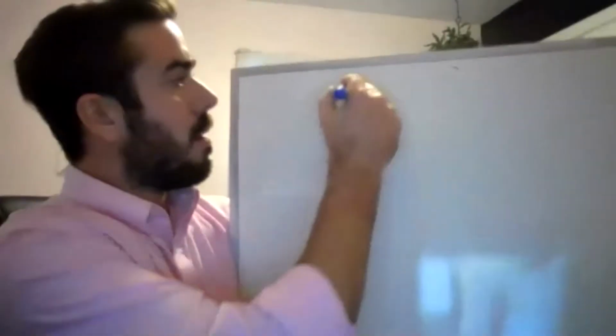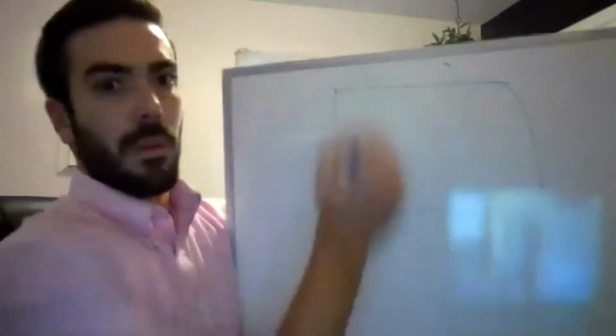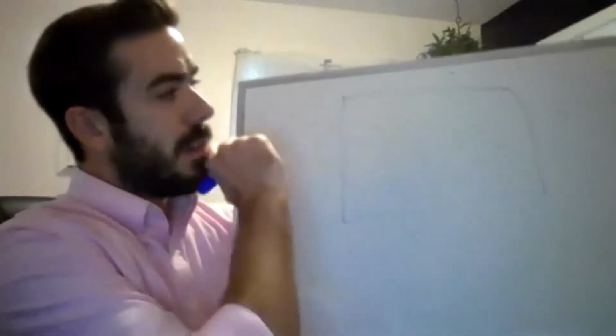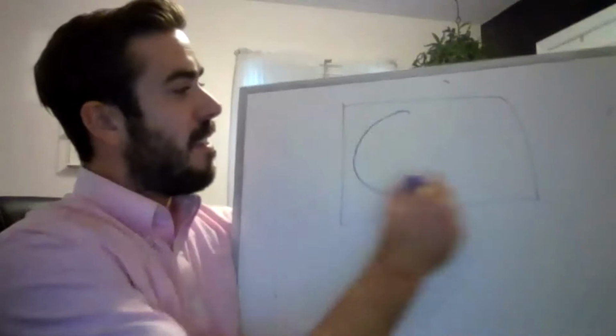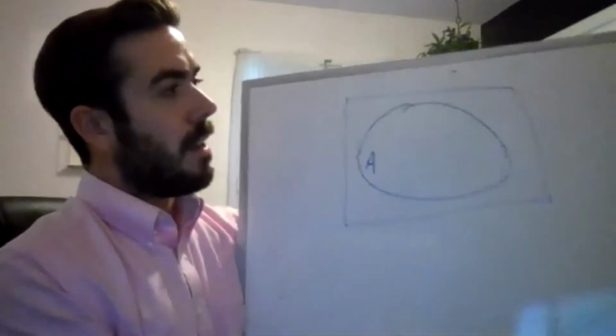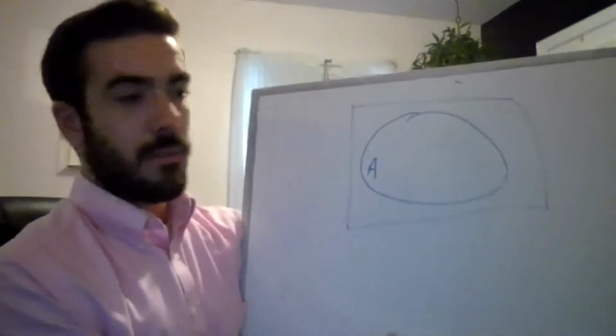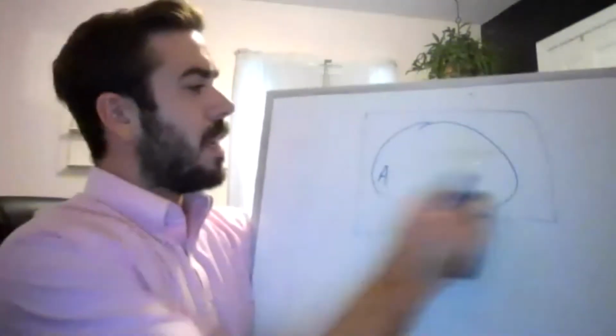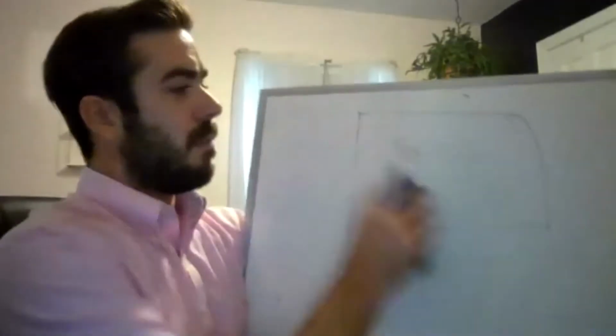So I'll give you a better idea about how the conditioning could change. Let's say instead I have something like this. Go real extreme here. So entire experimental outcome space. Let's say this is event A. Well, no, I'll make it even more ridiculous.